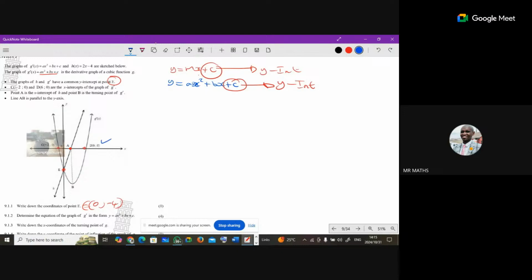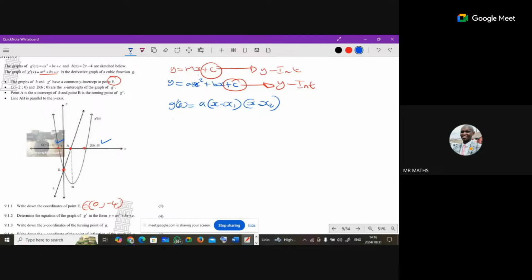What do we know? We know the y-intercept and the x-intercepts, and using the x-intercepts, g prime of x has to be equal to a into x minus x1 into x minus x2.